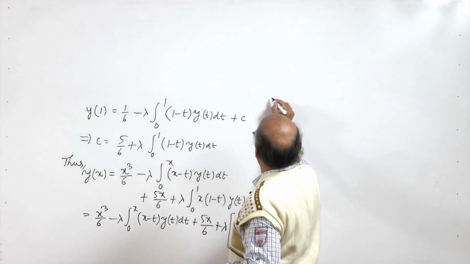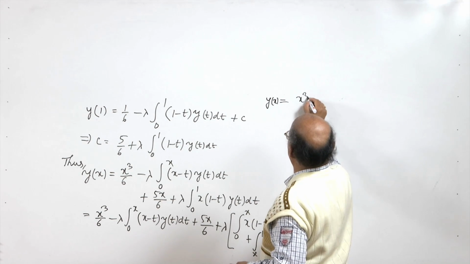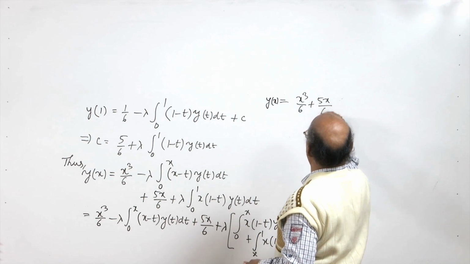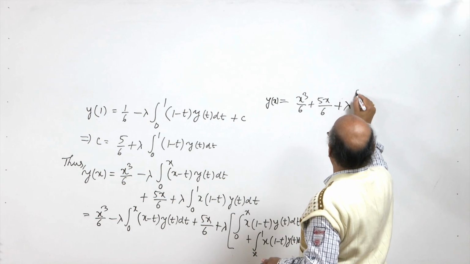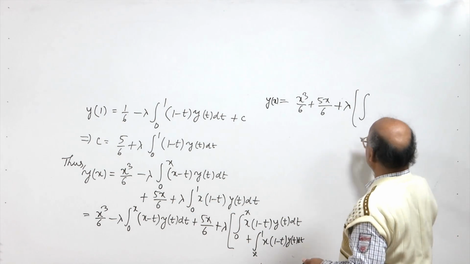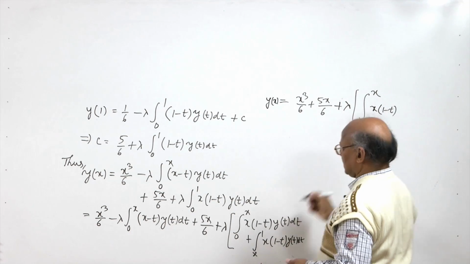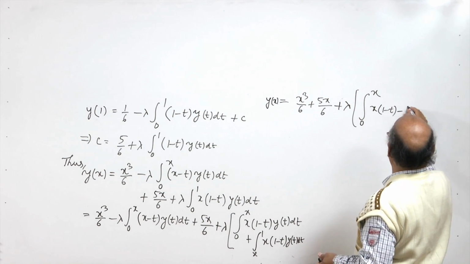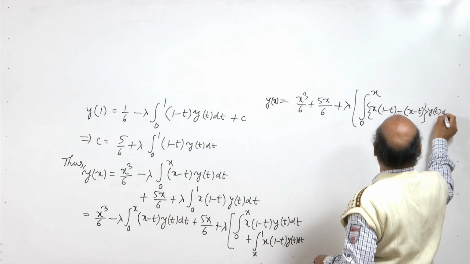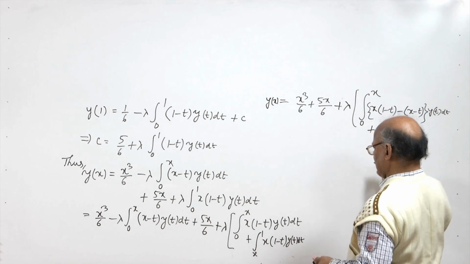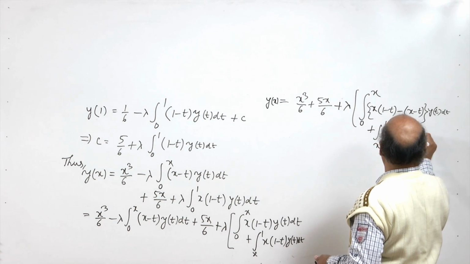So we shall write it as y(x) equal to x cube by 6 plus 5x by 6, and then we shall write it as lambda times integral 0 to x, x times (1 minus t) minus (x minus t), into y(t) dt plus integral x to 1 x times (1 minus t) y(t) dt.